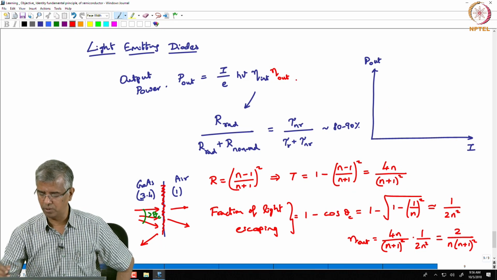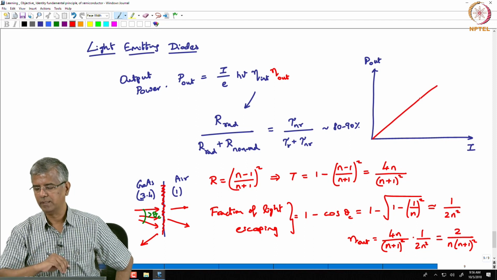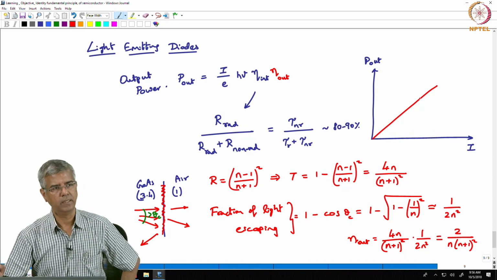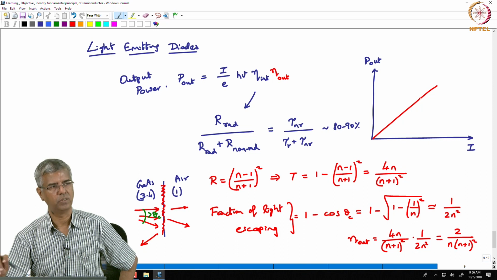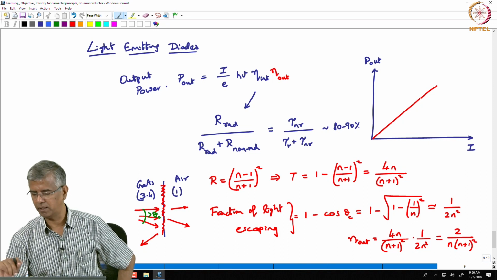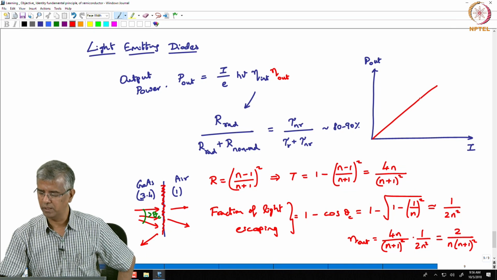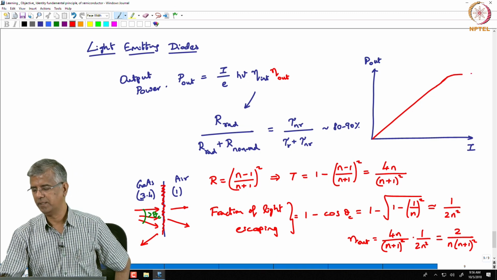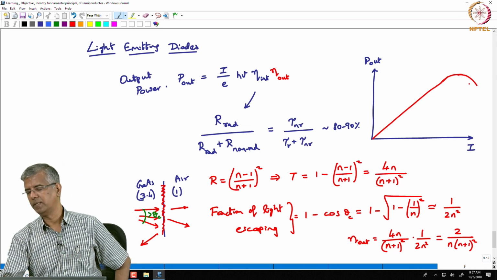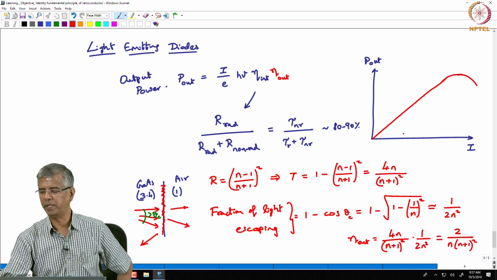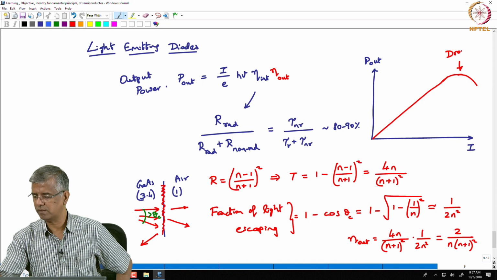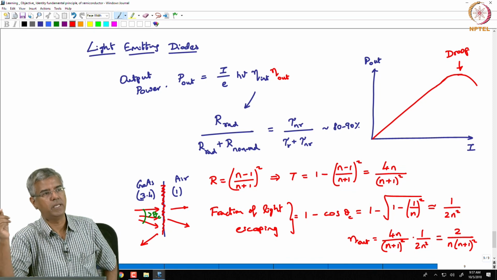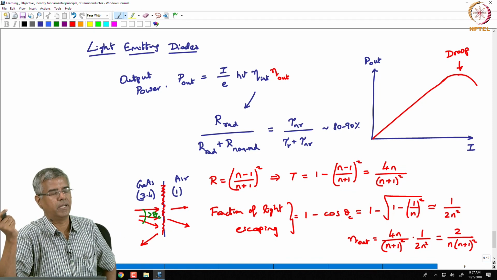But overall, when you look at this entire thing, your output power is going to increase linearly as you increase your current, and that is what you are doing in the lab session this week. And beyond a certain point, you will see some saturation and maybe even the power going down. This is a process that is called droop, okay, and that is the process that eventually limits the amount of light that you can get from a LED.